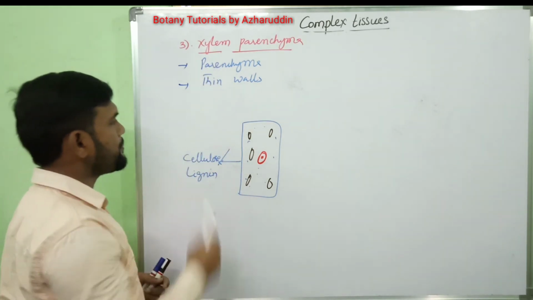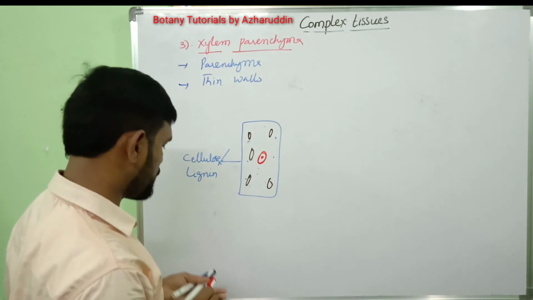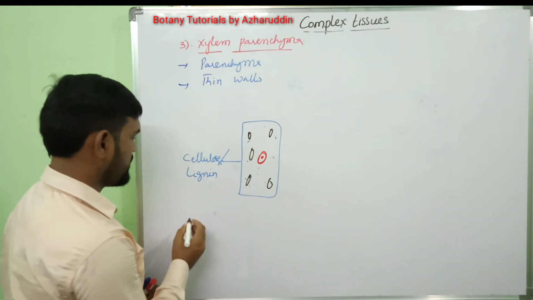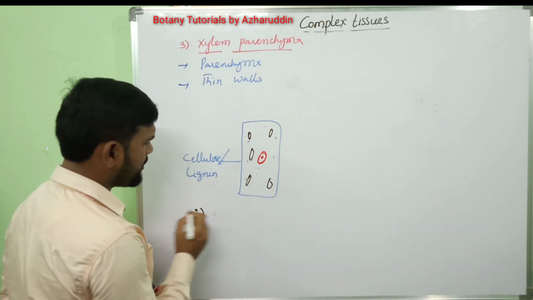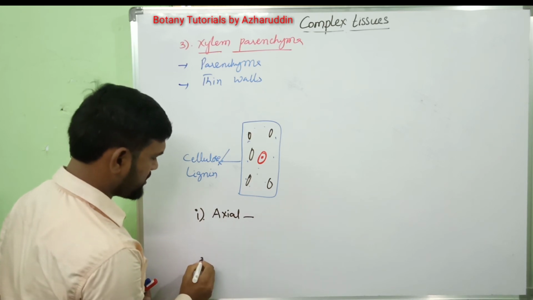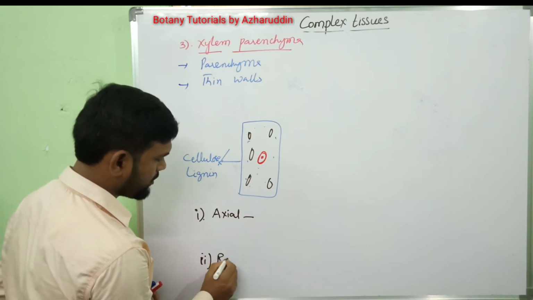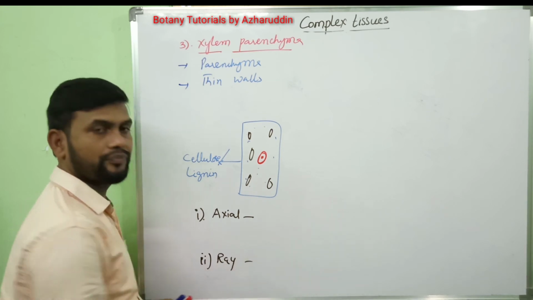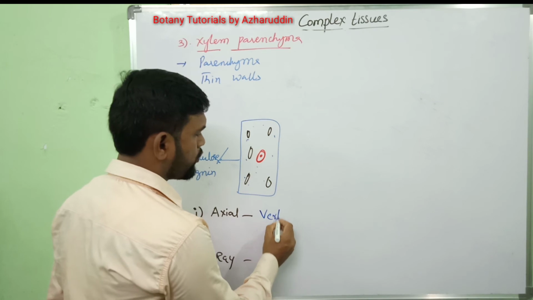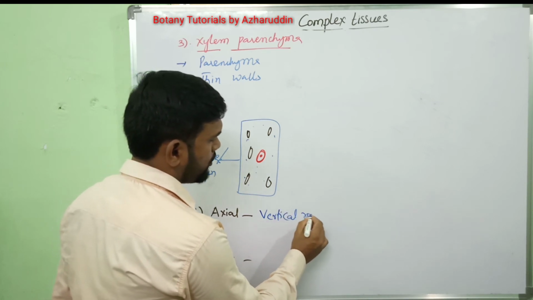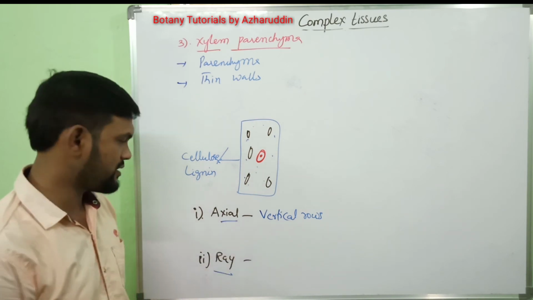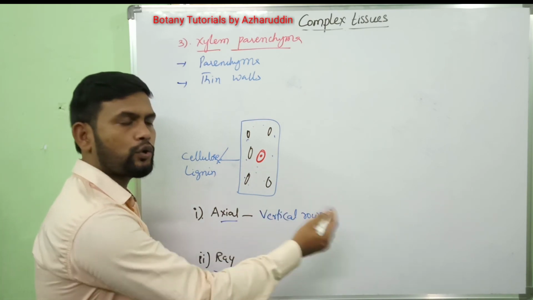Next, xylem parenchyma is divided into two types. They are, number one, axial parenchyma, and second, ray parenchyma. Axial parenchyma is arranged in vertical rows. Ray parenchyma is radiating from center to periphery.